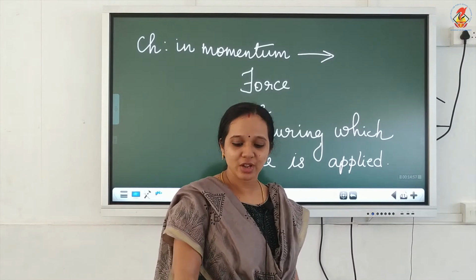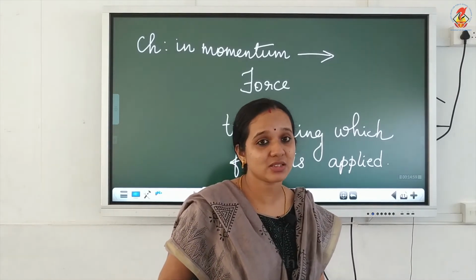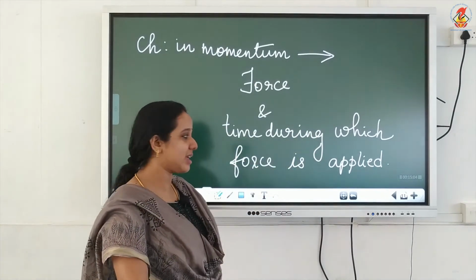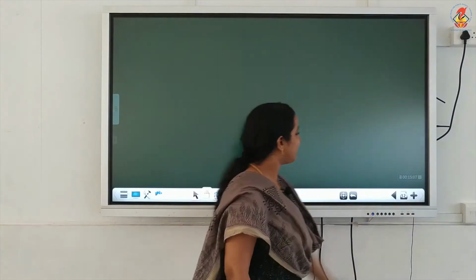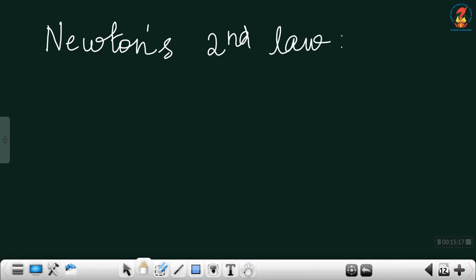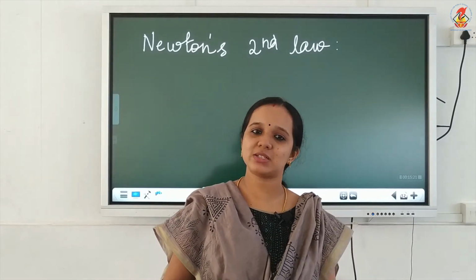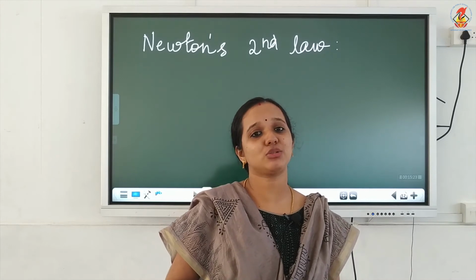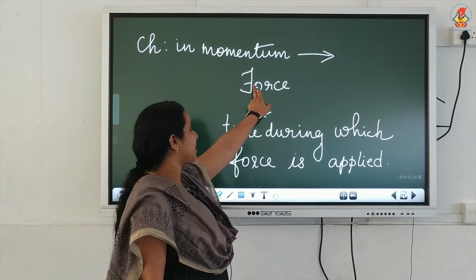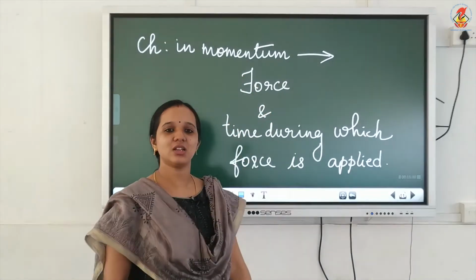And this is what Newton stated in his second law. Newton's second law is that the rate of change of momentum is proportional to the force. We have already said that change in momentum depends on force and time.